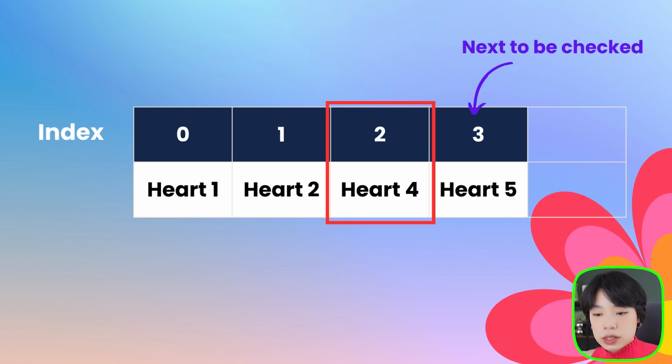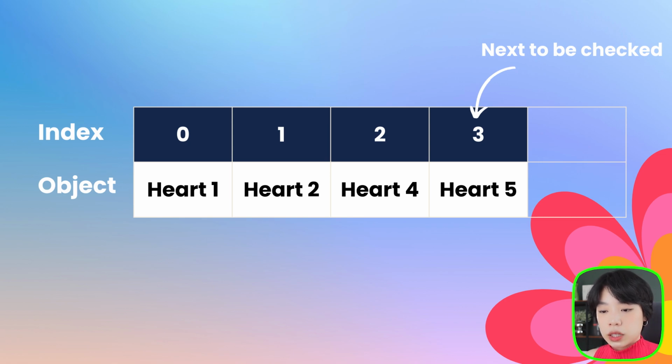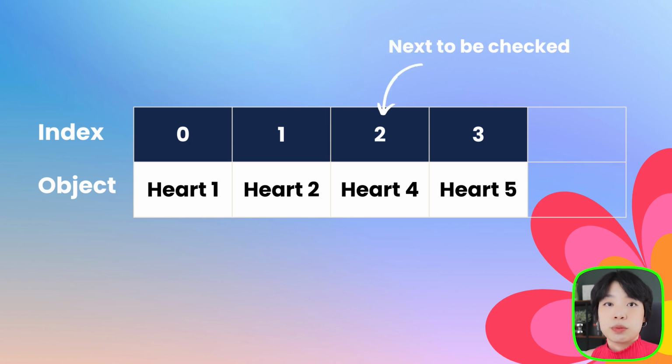And how we can fix this is that instead of going through the for loop from I equals to 0 to I less than hearts.length, we can do it in reverse. So we can go from the back, which is when I equals to hearts.length minus 1, and then decrement down to where I is more than or equals to 0. And this way, when we remove an object and everything gets moved down, all the objects inside the array will still be checked.